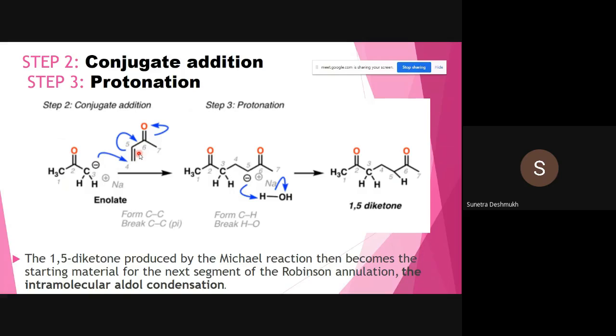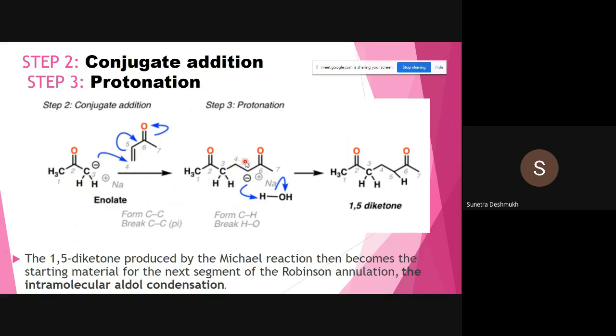The soft nucleophile adds to the soft carbon-carbon double bond site, and in this way it happens. Again we get the intermediate here, and protonation occurs by this water molecule, which affords this proton to the intermediate.